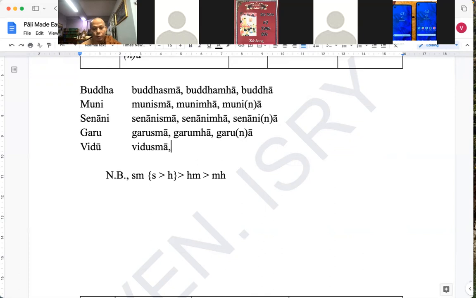In this way, for the we do also, we do sama, we do ma, and then we do na. So we have three forms in the ablative case.